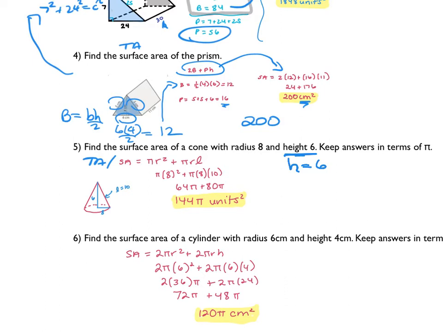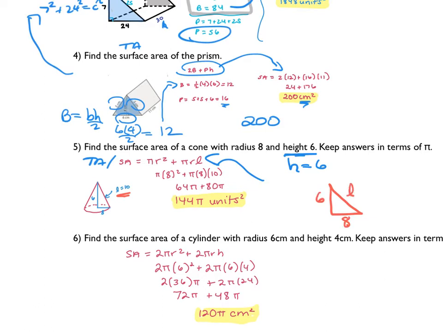I need l for my formula. So I need to pull out this triangle and either realize I've got a triple going on or I have to do Pythagorean theorem. The slant height is 10 because if I pull out the triangle, the radius was 8, the height was 6.